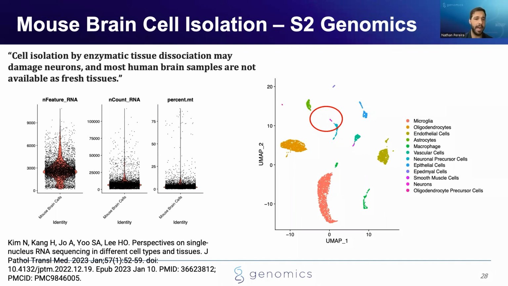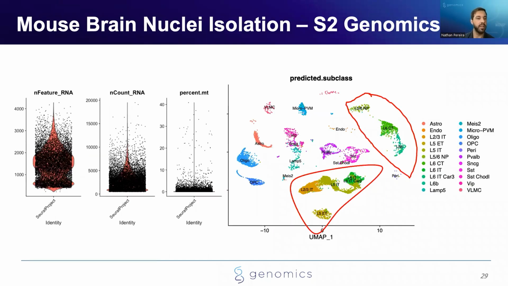And comparing that to nuclei, what we see is pretty much the same amount of feature RNA comparatively between the cells, and even lower, obviously, mitochondrial contamination, as we're not stressing out the cells as we're isolating them.